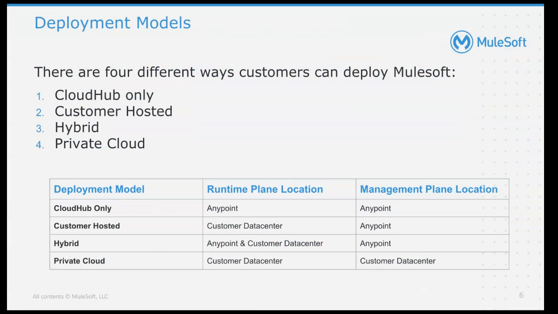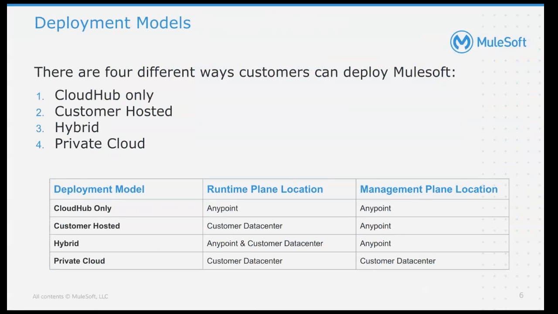Customer is basically running a Linux or a Windows machine where they have MuleSoft runtime installed and all the applications are deployed on that runtime. And the management plane still exists in the cloud. So we have a runtime agent that makes sure that the on-prem applications are able to be discovered in the management plane.